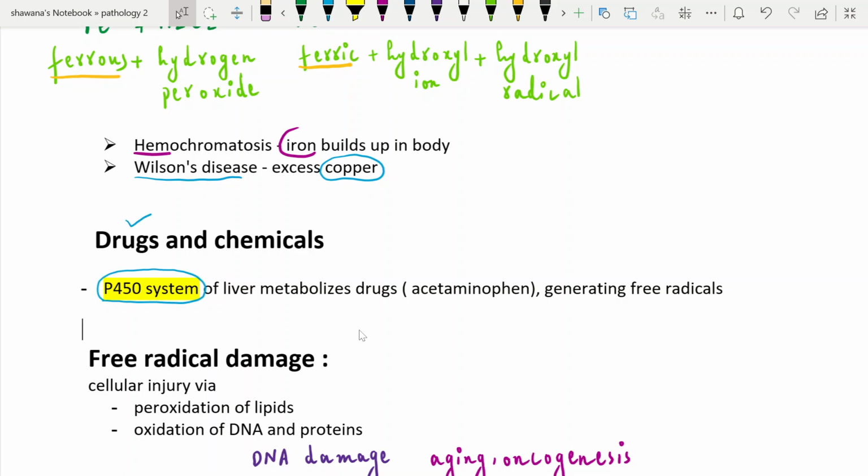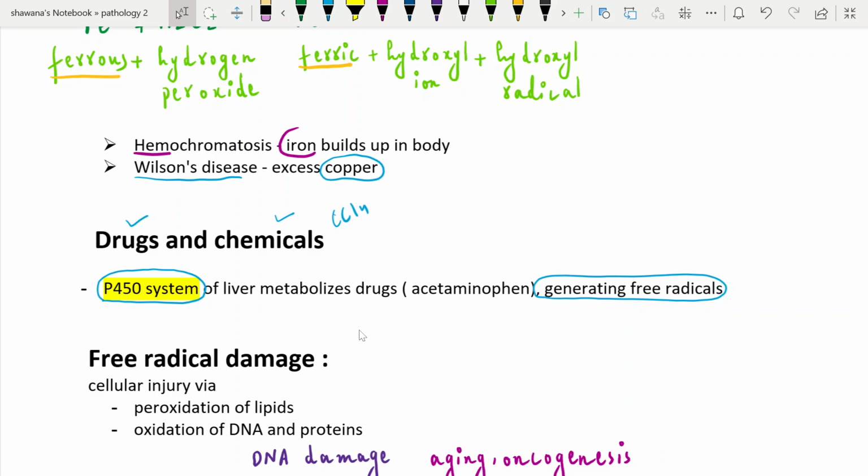Drugs, for example, acetaminophen, and chemicals, for example, carbon tetrachloride, which is CCl4, are metabolized by the P450 system of the liver, and during the metabolism they can generate the free radicals.